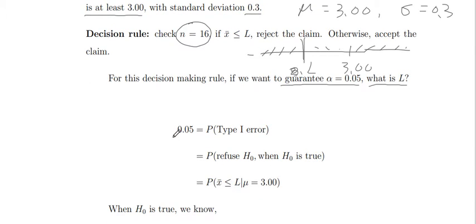Alpha is the type 1 error, which is rejecting H0 when H0 is true. We reject H0 when X bar is less than L, when H0 is true, when mu equals 3.00.